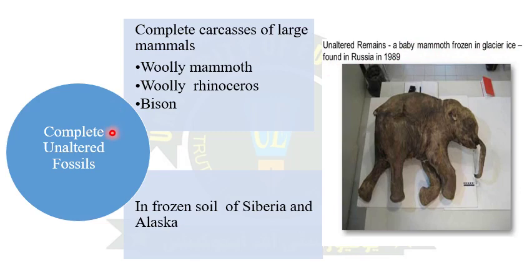So complete unaltered fossils consist of complete carcasses of large mammals, meaning the whole body is preserved in the form of an unaltered fossil. Other examples of the unaltered fossil are the woolly rhinoceros and bison. These complete unaltered fossils are mostly found in frozen soil of Siberia and Alaska.